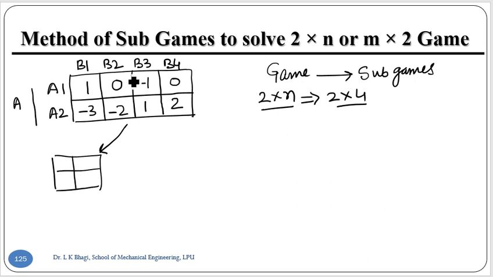We are going to convert this game into the sub games. A sub game basically is the 2 cross 2 matrix we are going to construct over there. That is a1, a2, b1, b2, and it will be 1, 0, minus 3, minus 2.